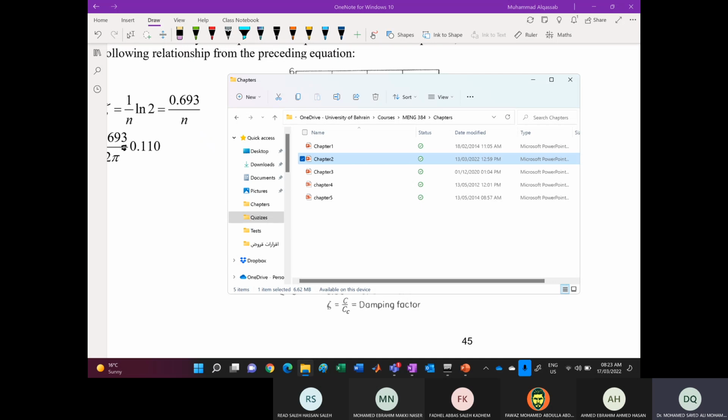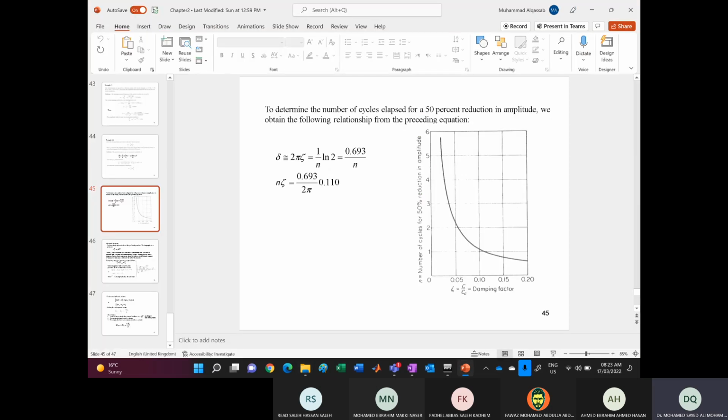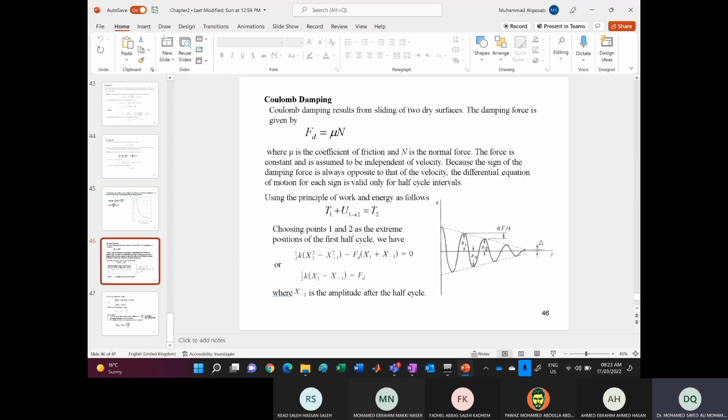Okay, there is one more topic in this chapter, which is the Coulomb damping. I will postpone this to next week, and I will not put this one in the test, since it is a new topic. And we will solve the tutorial now.